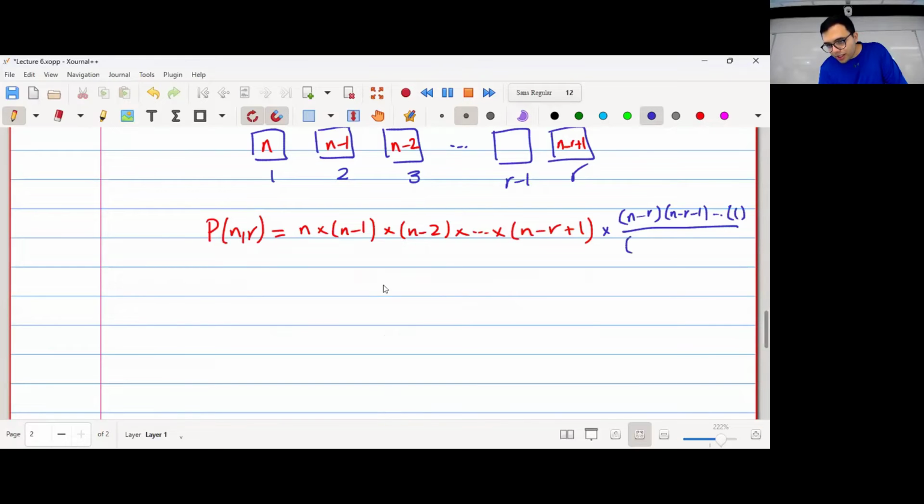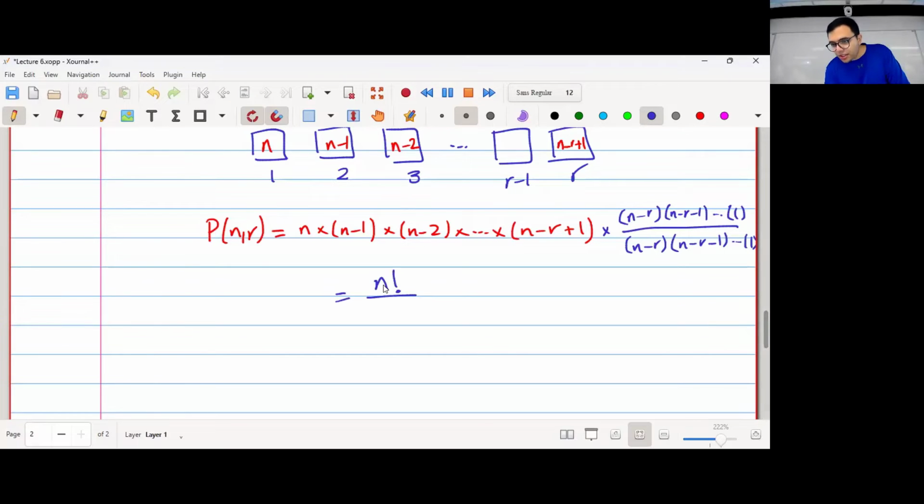And let's divide it by the same thing. Okay. So now in the numerator, I have the product of all the numbers from n to 1. So it's just n factorial.